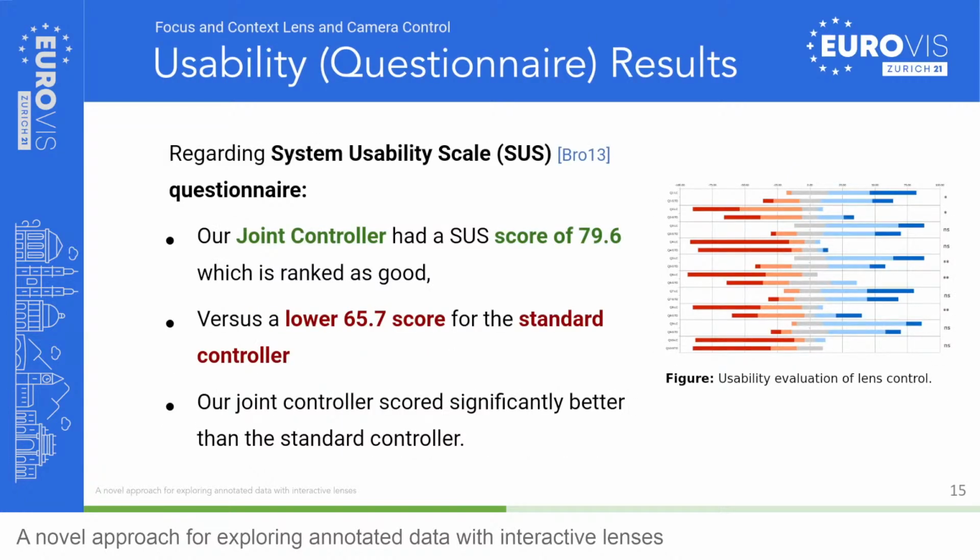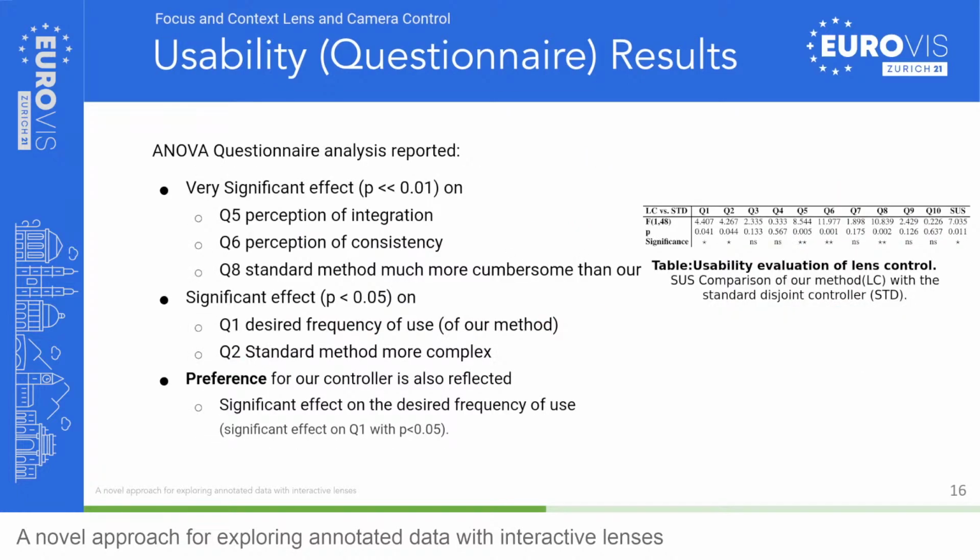We also carried out a usability evaluation using the System Usability Scale questionnaire. Our joint controller had a good score of 79.6, which is ranked as good, versus the lower score of 65.7 for the standard controller. The ANOVA results confirm that there was a significant effect on usability score for the two interfaces.